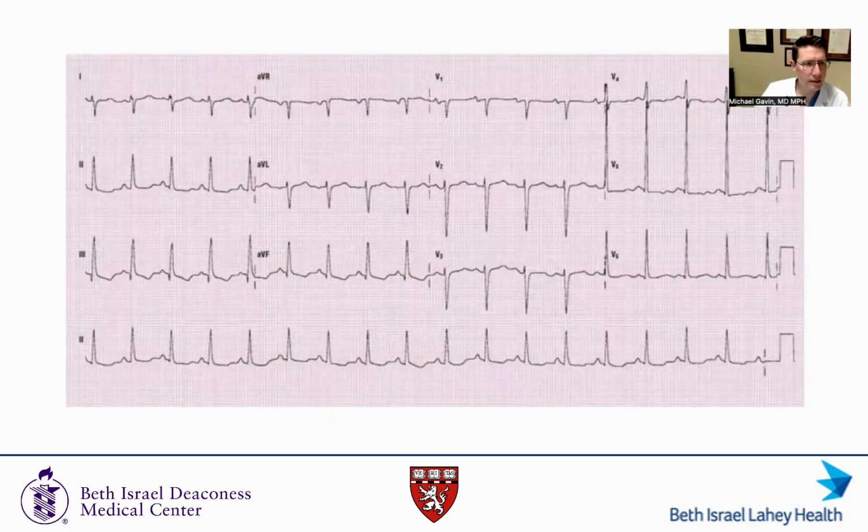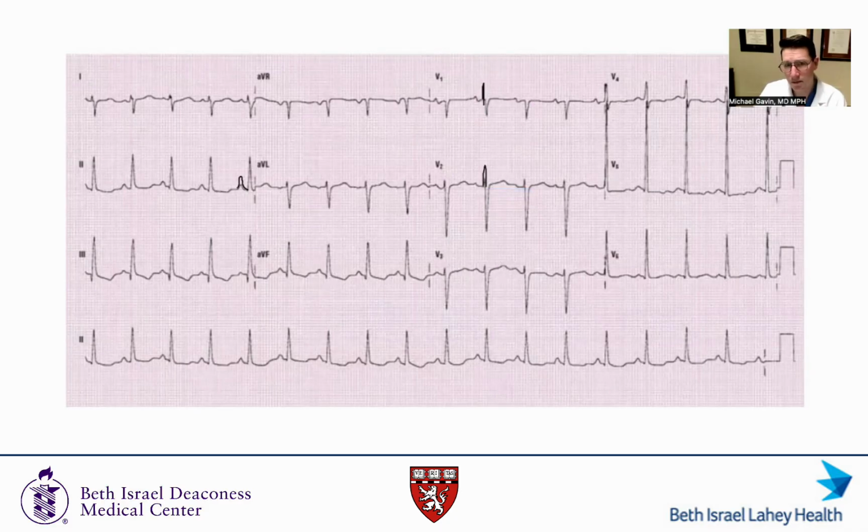Yeah, so you're looking at this and you're saying, okay, clearly there's right axis deviation. P wave, maybe some left atrial enlargement, hard to say. You're not looking at a P wave like this; that would be more convincing of right atrial enlargement. You're not seeing a big R wave in V1 and V2 suggesting right ventricular hypertrophy.